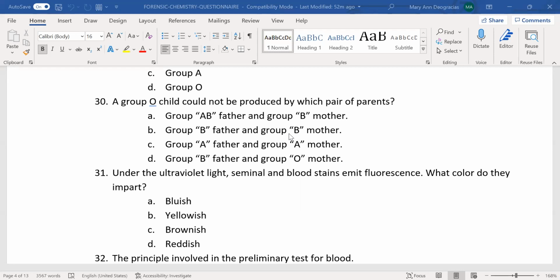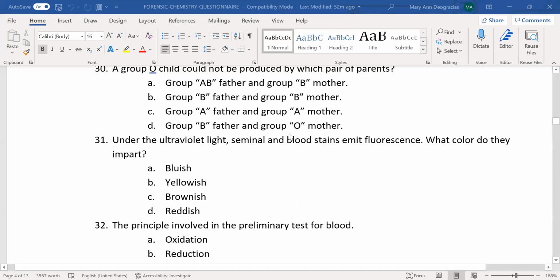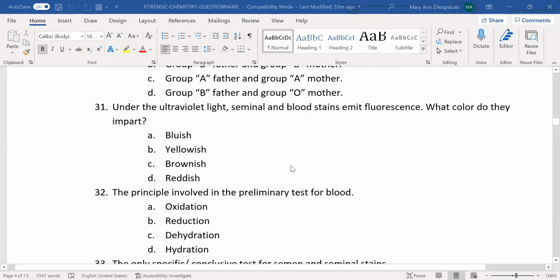Number 31. Under the ultraviolet light, seminal and blood stains emit fluorescence. What color do they impart? Bluish, yellowish, brownish, reddish. The color of fluorescence. Letter A is the answer. Okay, A. Next.